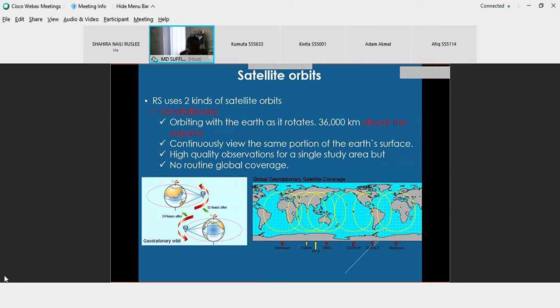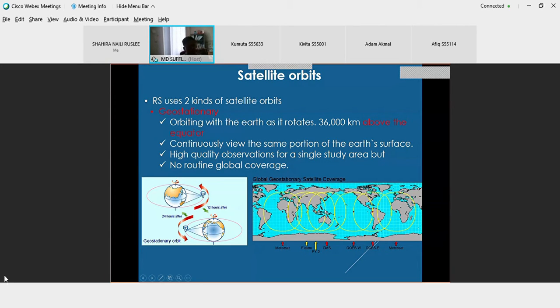So kalau contoh kita nak see, satellite ni dia mesti berada di kawasan tropics ataupun equator, dan you mesti launch dia duduk di area di tengah ni supaya coverage dia akan cover keseluruhan South China Sea.